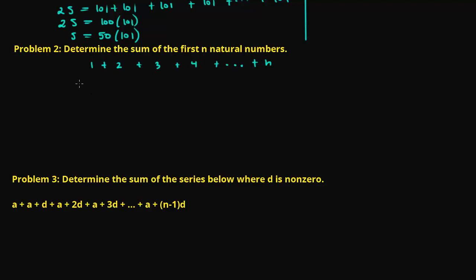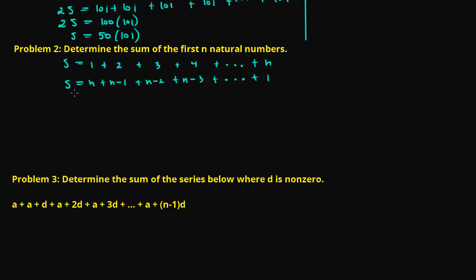And then we could write this out in the reverse order. I could write this as n plus n minus 1 plus n minus 2 plus n minus 3 all the way down to 1. Let's again call the value of this series S. So we have that S is equal to 1 plus 2 plus 3 plus 4 all the way to n.